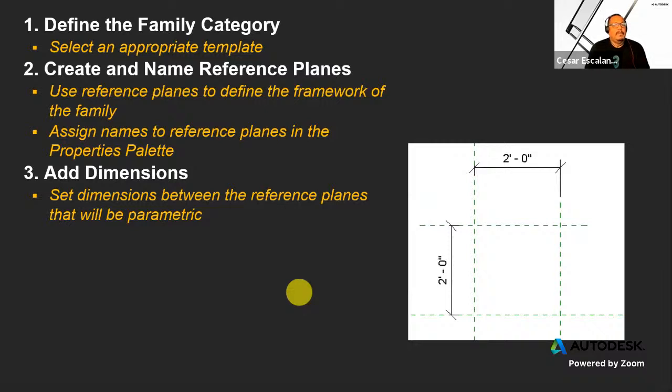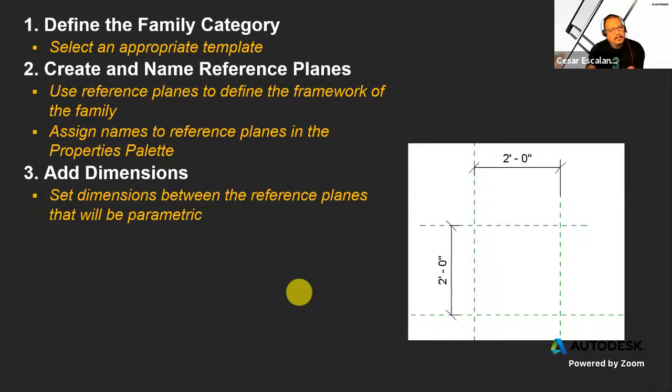If the purpose of the family is to have a collection of objects that are parametrically and dynamically created, then we need to put a little more thought into how these families need to be structured. So it's a good idea to sketch it on a piece of paper and define the behaviors that the family is expected to have, and the degree of representation and granular information that the family needs to contain.